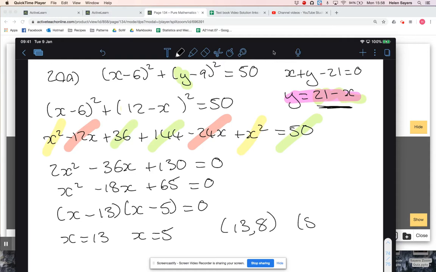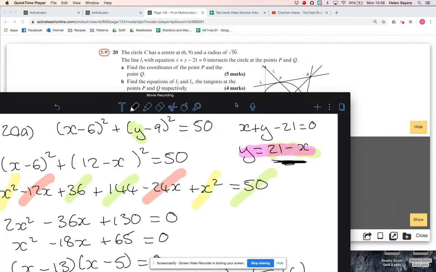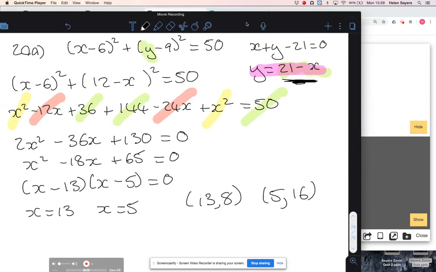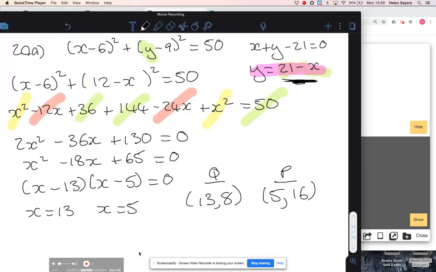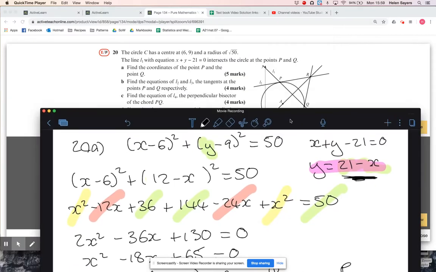And I've got x is 5, so y will be 21 minus 5. P is this one, and Q is that one, purely because obviously P is to the left, so P has the lower x coordinate. Right, okay, so not too bad for 5 marks.